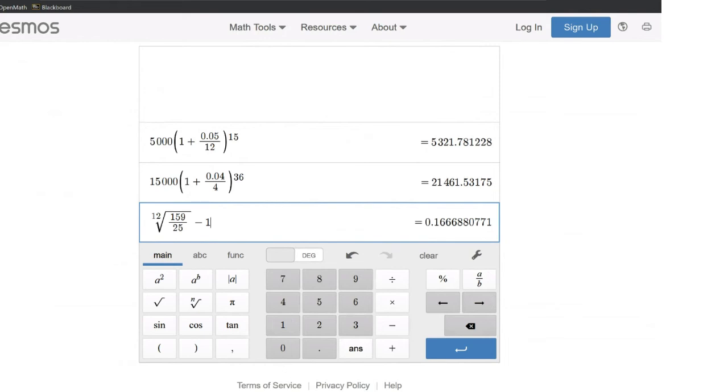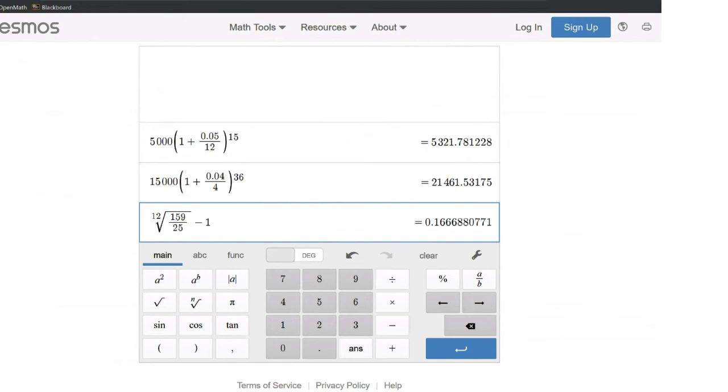And notice that the I value is already a decimal which represents a percent. So if I were asked what percent that is, I would move the decimal twice. That looks like 16.668%. And I would round that however the problem told me to. Sometimes the problem is going to make you multiply that out.